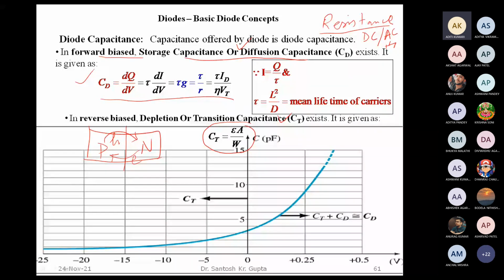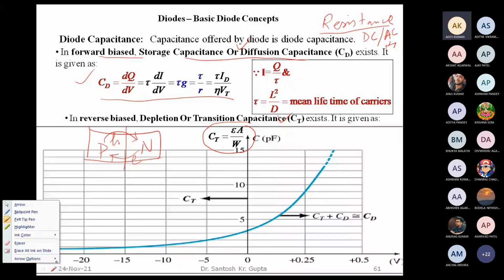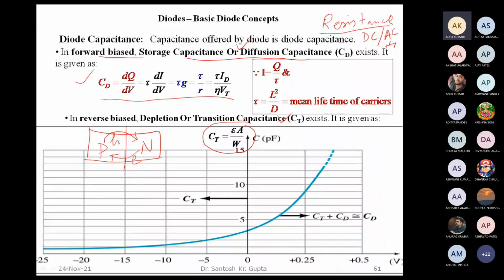Carriers in large number are also called majority charge carriers, as long as they are in their respective regions. So a hole, a majority charge carrier from the P side, if it enters the N side, becomes a minority charge carrier.